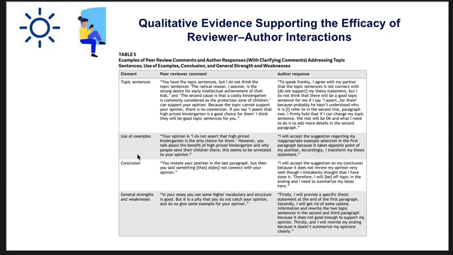And the third example in Table 5 focuses on the clarity of the author's conclusion and, in our view, highlights a less effective interaction. And in the final example, the reviewer's comments begin on a positive note, commending use of vocabulary and organization.